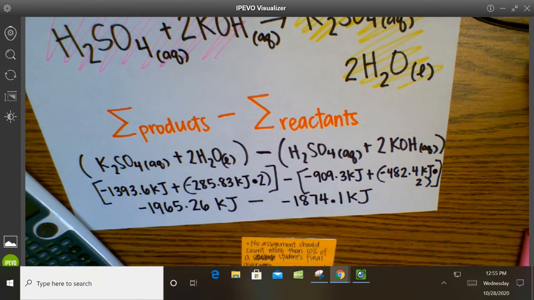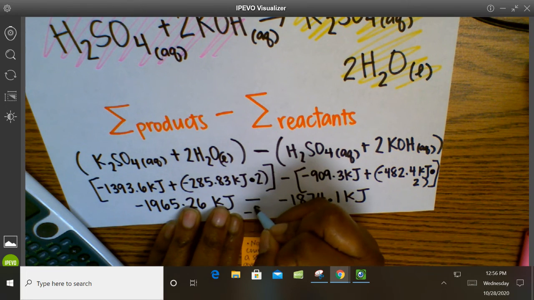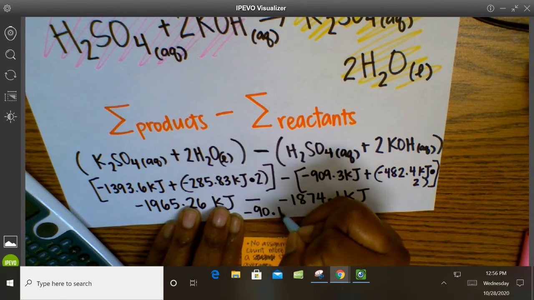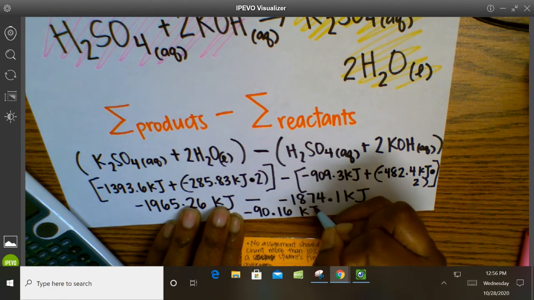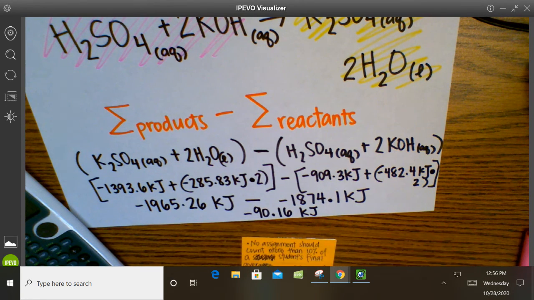Okay, so it's negative 1965.26 minus a negative 1874.1 equals a negative 90.16 kilojoules. And there we have it.